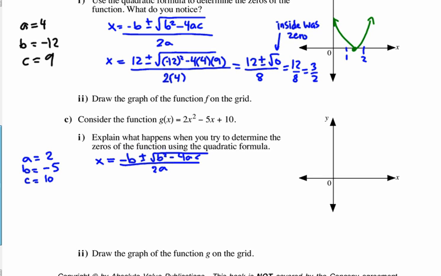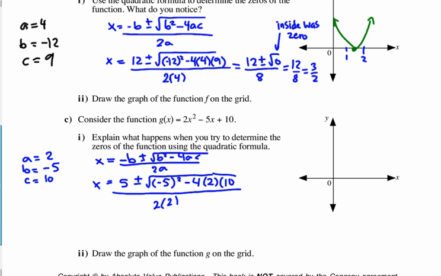So negative b: if b is negative 5, just positive 5 plus or minus the square root of negative 5 squared minus 4 times our A, which is 2, times C, which is 10, all over 2 times 2.